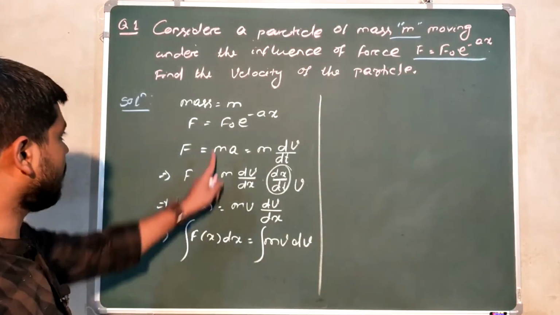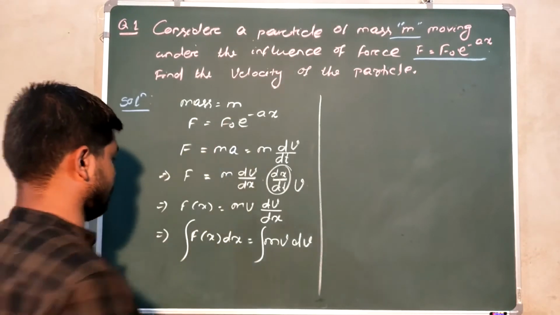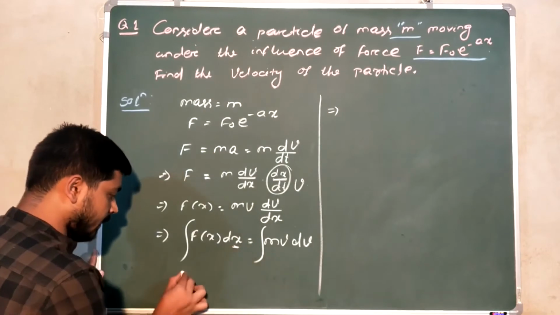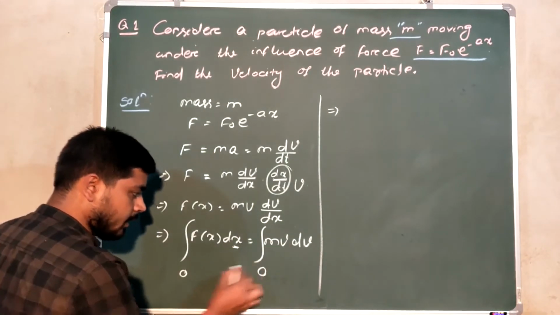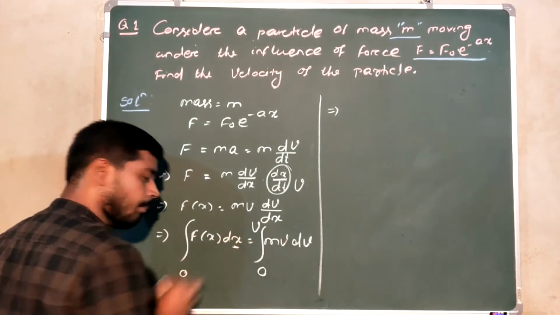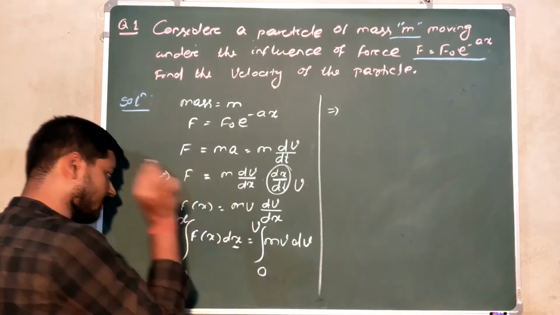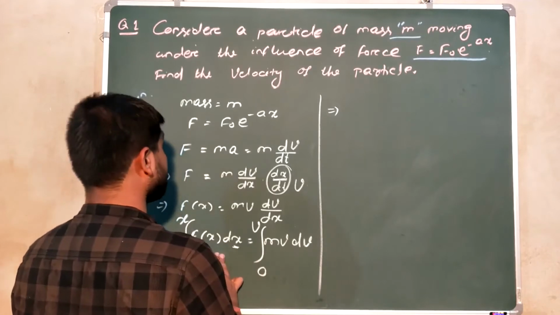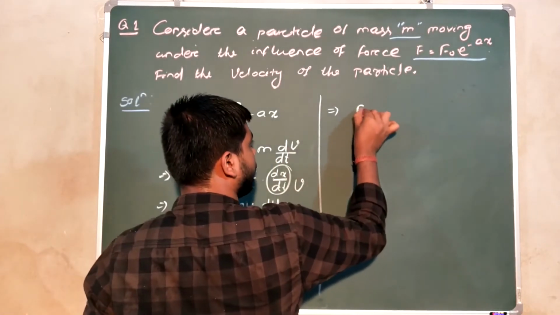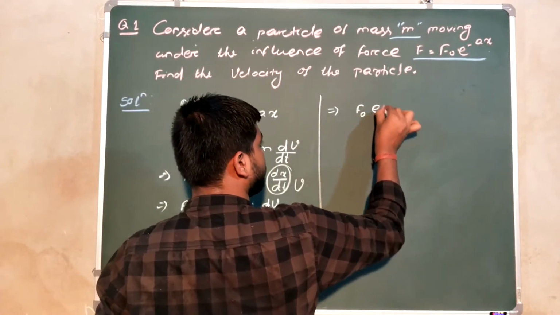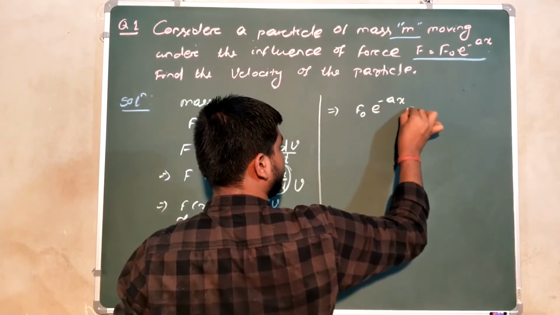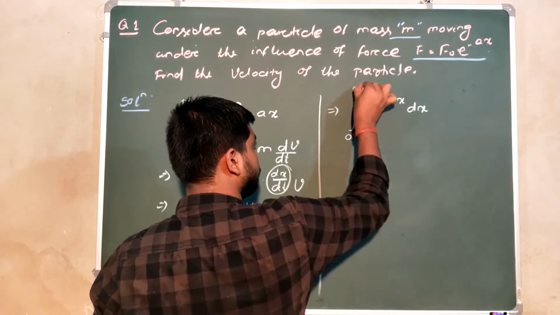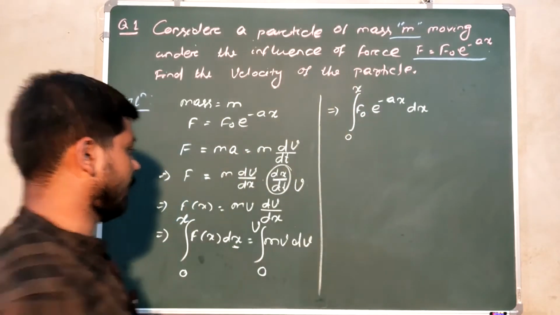Now just see here. What is f of x? F of x is given, F naught e raised to minus ax. Displacement is 0 when velocity is 0. When velocity is v, displacement is x. In place of f of x, we can write F naught e raised to minus ax dx from 0 to x. The second one, mv dv.